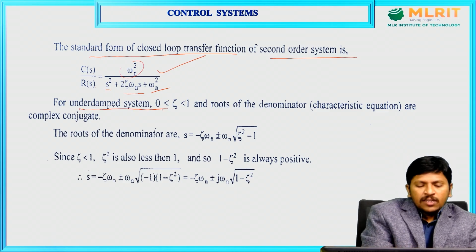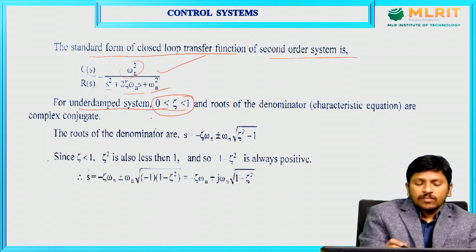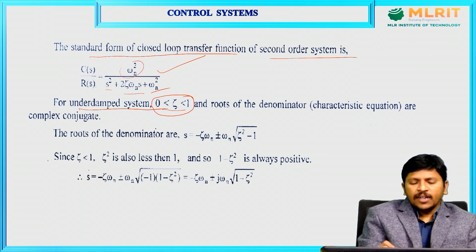When the zeta value is between 0 and 1, the system is known as an underdamped system.